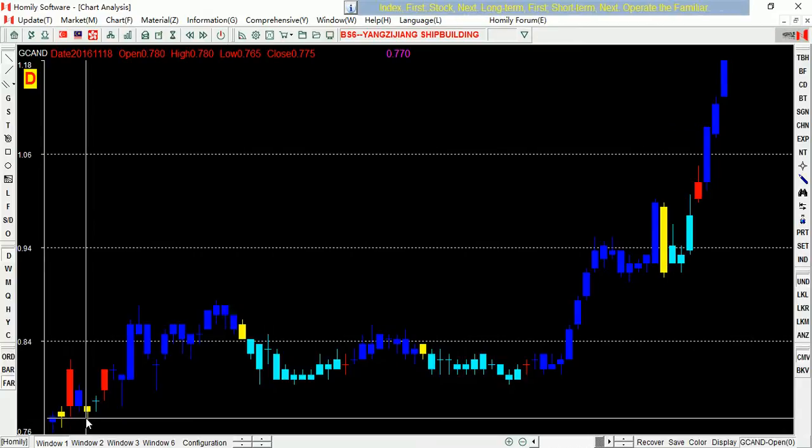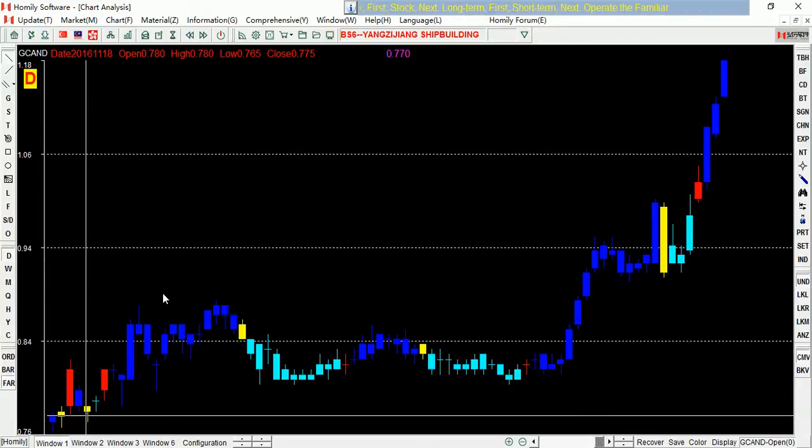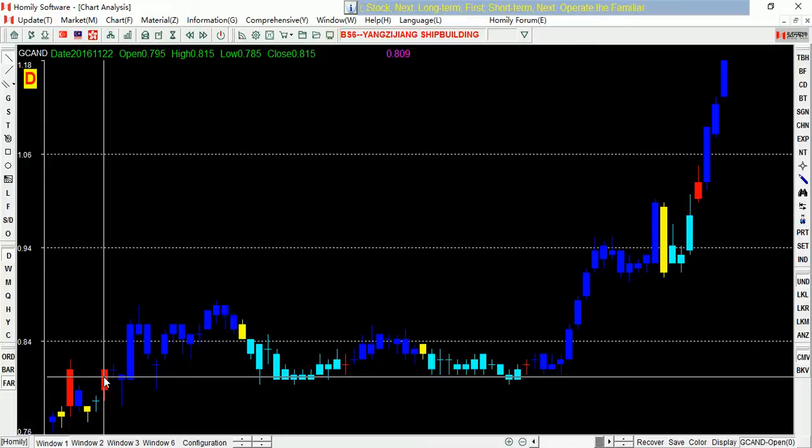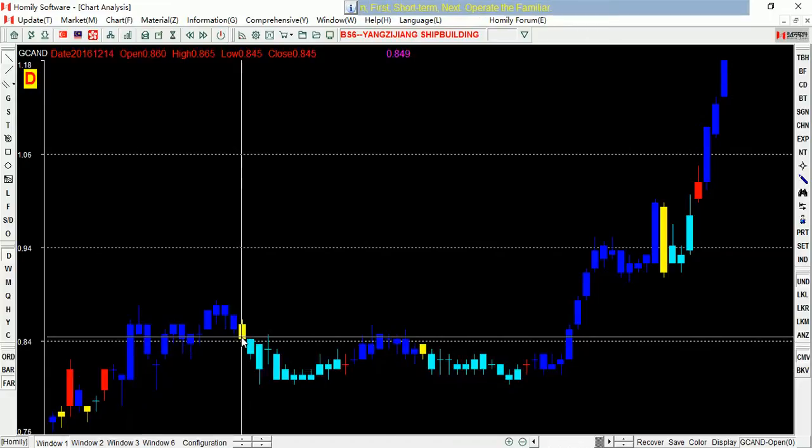Do we make money or not? Some money, right? Then we can see here, buy at 0.815. The sell price is around 0.8. We bought, make money or not? Small money.